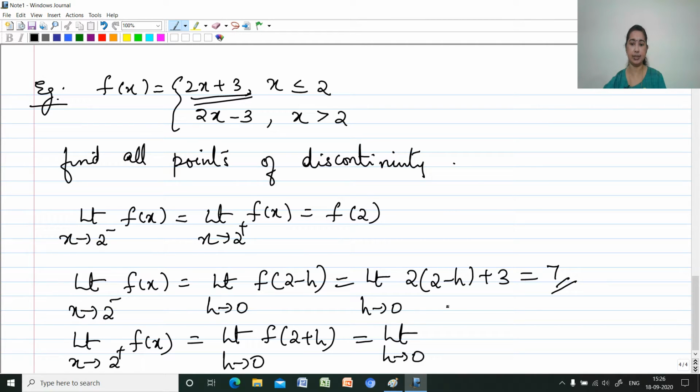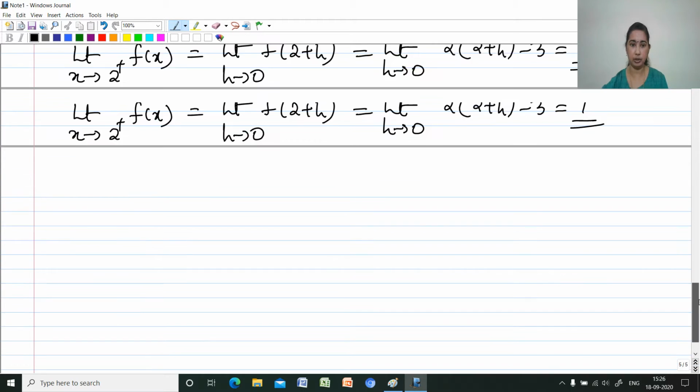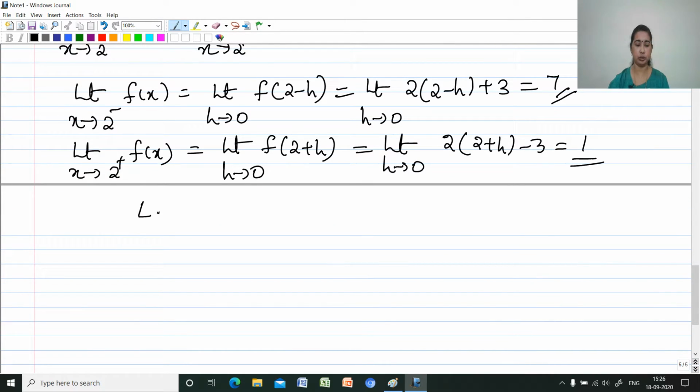So 2 into 2 plus h minus 3, h is tending to 0, so 4 minus 3 is 1. So from this we can understand that the LHL and RHL are not equal, therefore the function is not continuous.